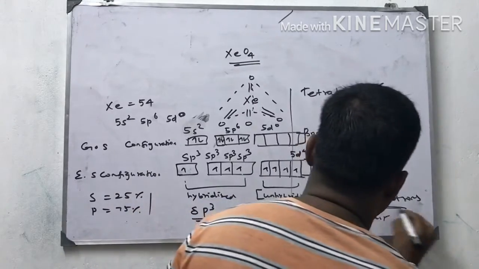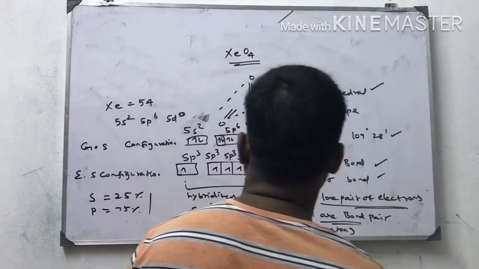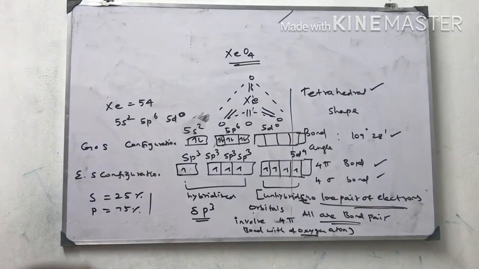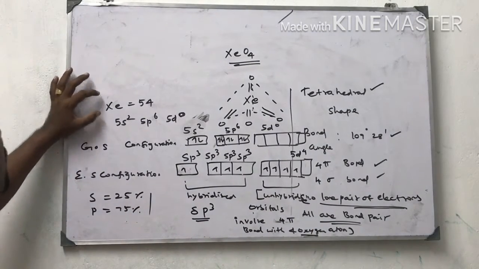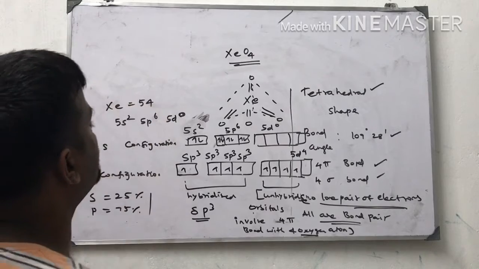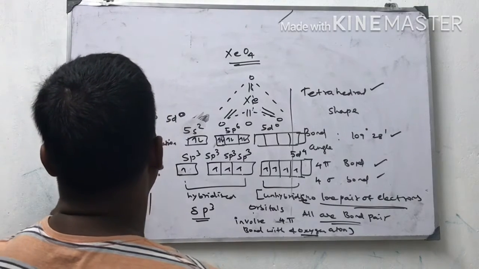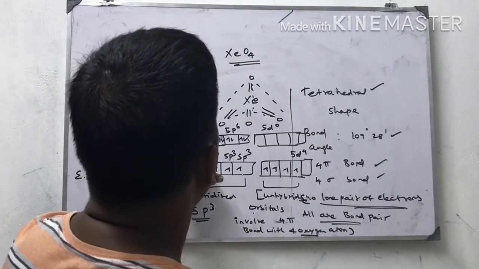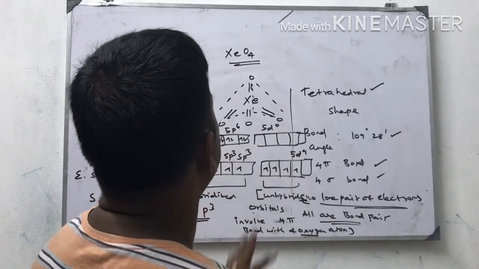No lone pair of electrons is present. All are bond pairs. Here is the electronic configuration. The atomic number of xenon is 54. The ground state configuration is 5s2, 5p6 and 5d0.